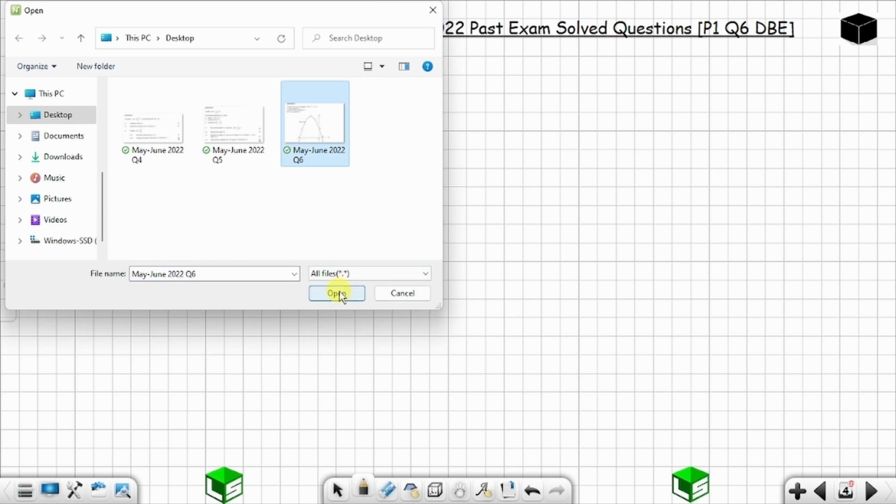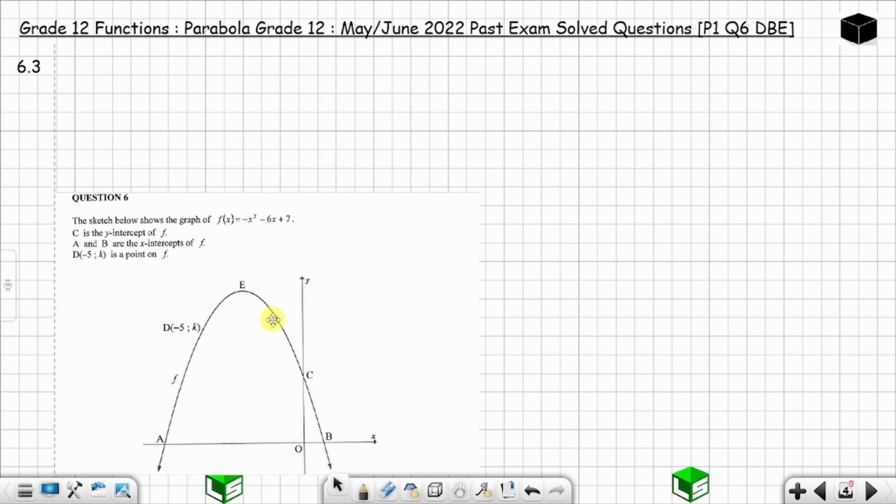Question 6. The sketch below shows the graph of f of x is equal to negative x squared minus 6x plus 7. C is the y-intercept of f. A and B are the x-intercepts of f. D is a point on f.